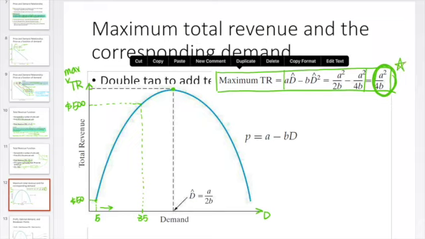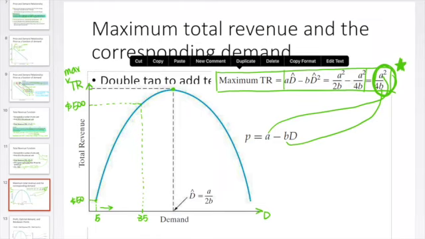Based on the value of A and B, you always want to know for a specific type of products what is the relationship between P and D, price and demand. Based on that, you can know the constants A and B, and then you replace the values in this starred function so that you can calculate the maximum total revenue.